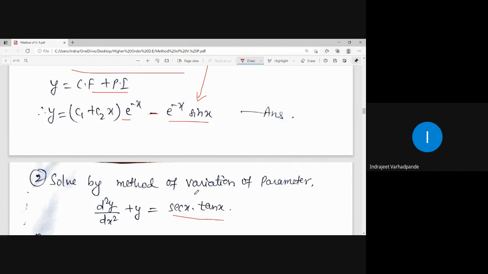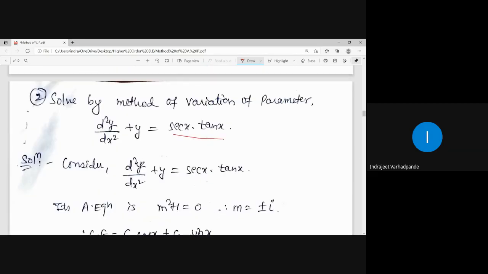So what we can use is the generalized method, or method of variation of parameters. Here it is mentioned to apply the method of variation of parameters because it fulfills the condition. The given differential equation is of second order and the coefficient of d2y by dx square is unity. So I can move ahead with the method of variation of parameters.